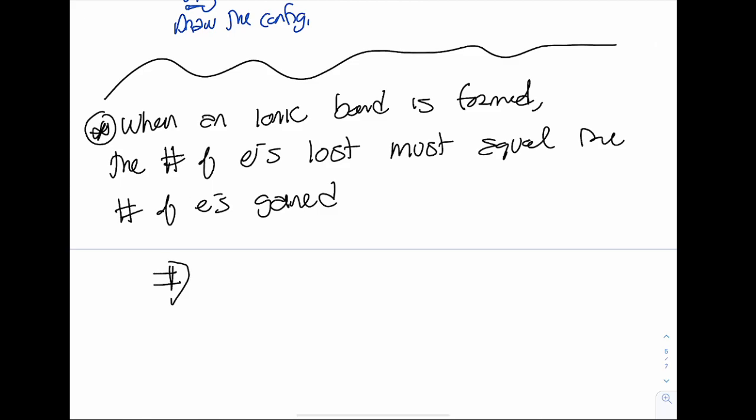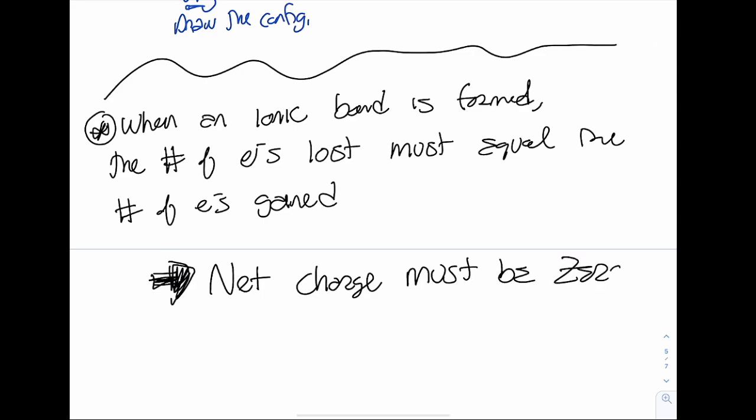However we look at it, our net charge, this is really important, must be 0. Right? If something's losing 2 electrons, it's going to have a +2 charge. Something else gains 2 electrons, I'm going to have a -2 charge. That total is going to be 0.